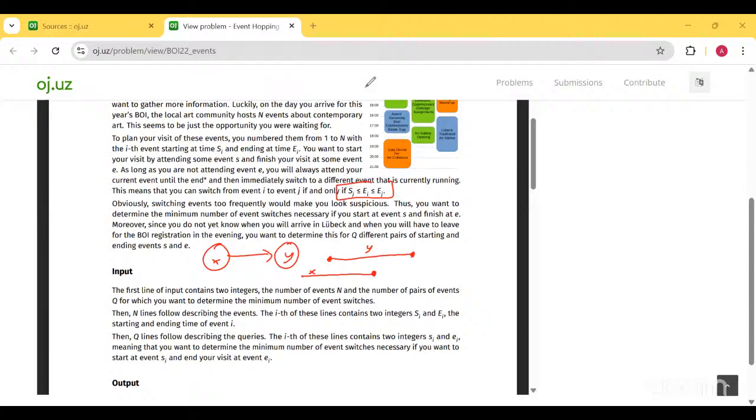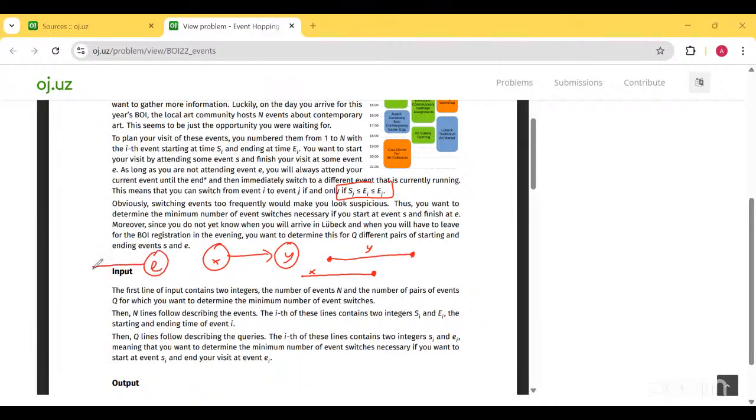And it is hard if the rule is like this. But actually, we can reverse the direction. What if we want to go from E to S?